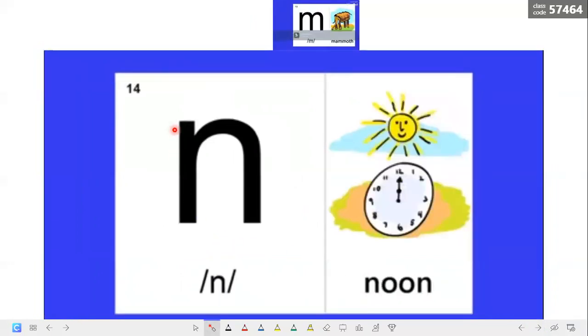Okay. Number 14, in N. The letter N is pronounced like the word noon. We have two N's here, the letter N at the beginning. Let's listen. Number 14.